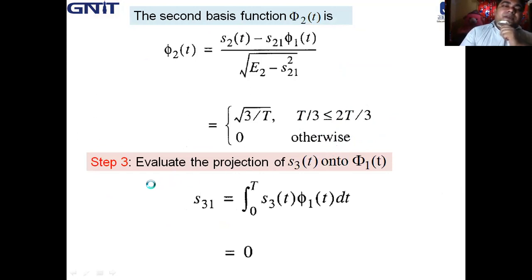Next we move to the construction of the third basis function. To evaluate the third basis function, first we need to find S31 and S32.